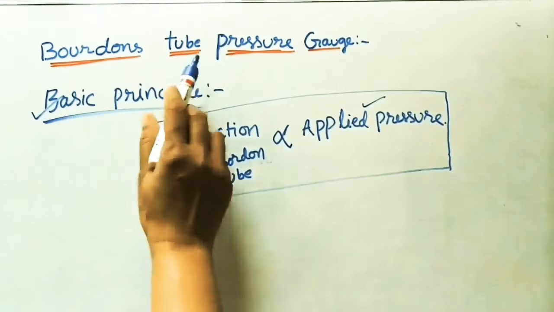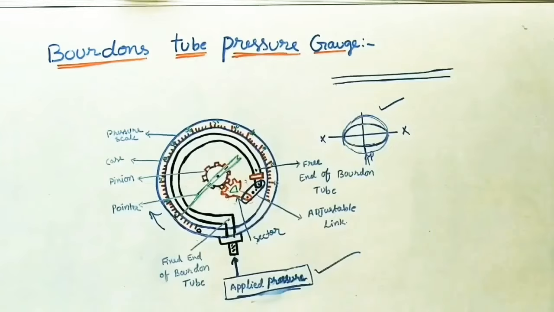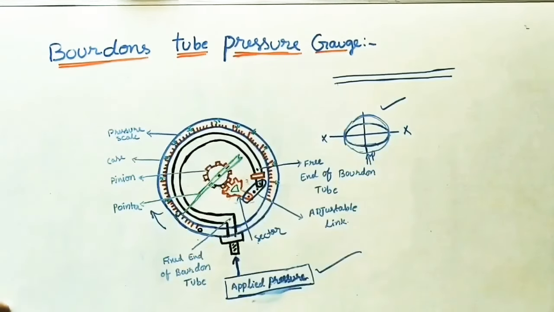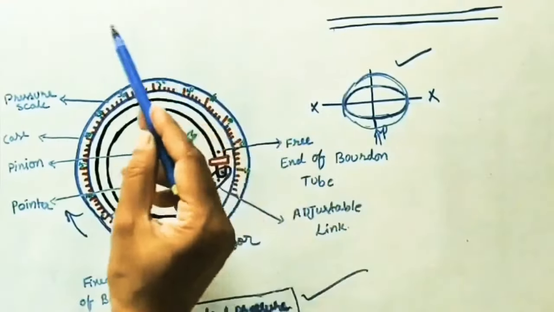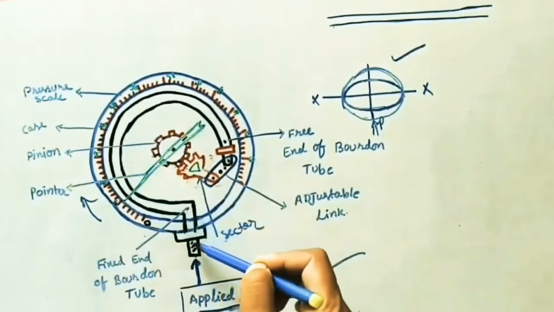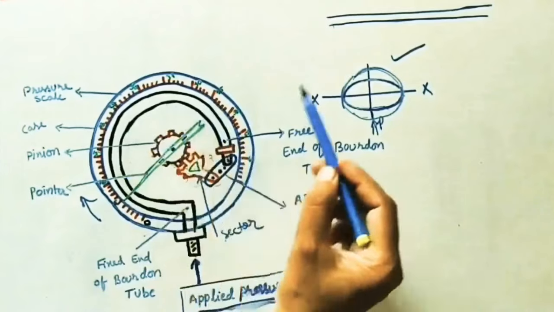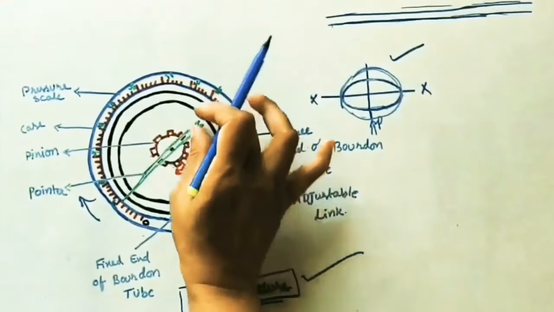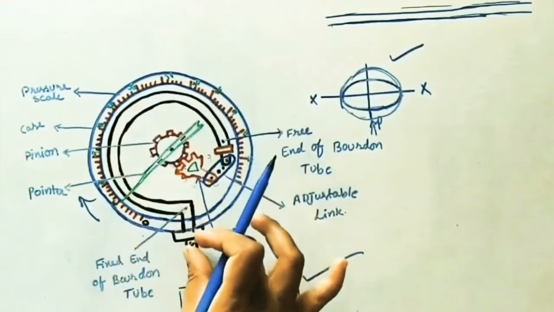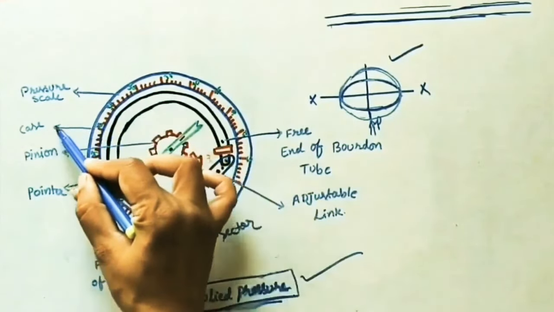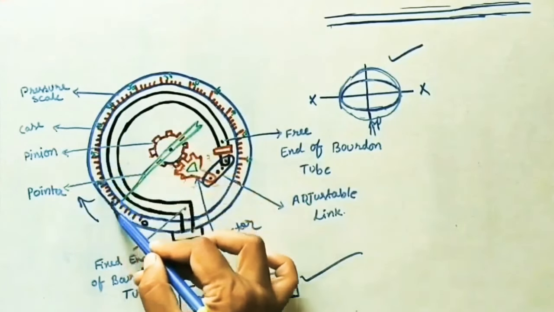Next, what are the main parts in the Bourdon tube pressure gauge? The first one is the Bourdon tube. It is a hollow tube. As I told previously, it is a linear tube, and we keep it in the form of a circle inside the case, which is a metallic case or metallic plate.